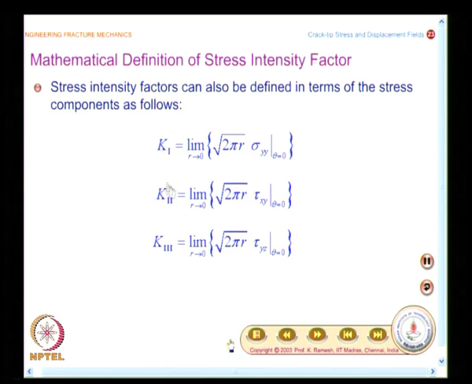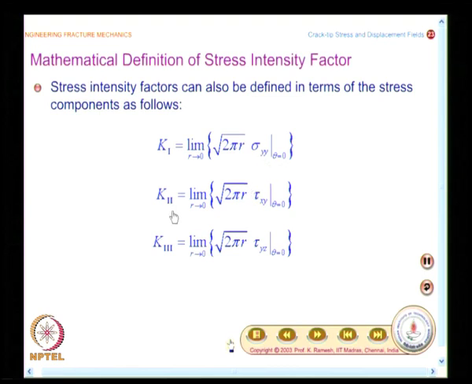You can write for mode 2 as well as mode 3, and the difference is the stress component that you are going to look at. In the case of mode 1, you are looking at sigma yy at theta equal to 0.